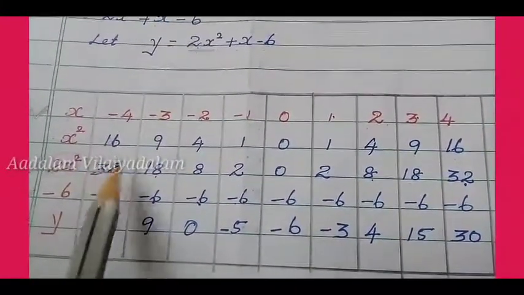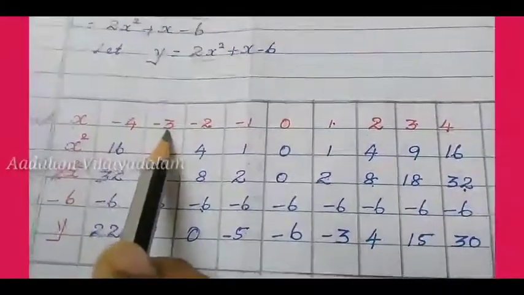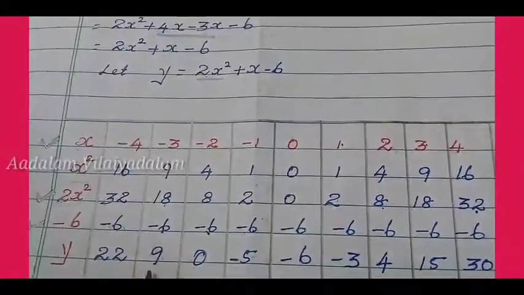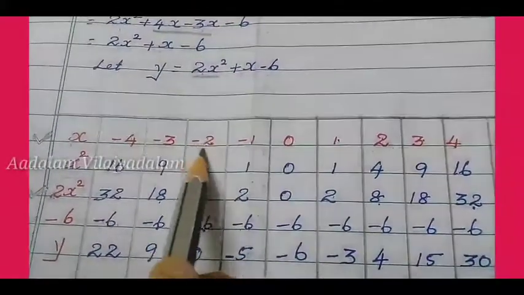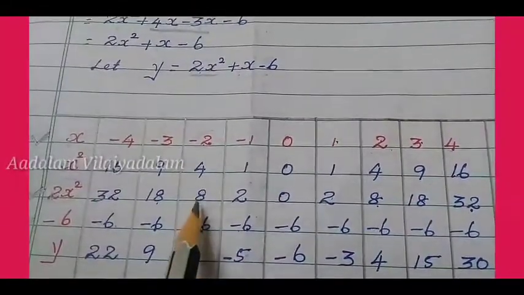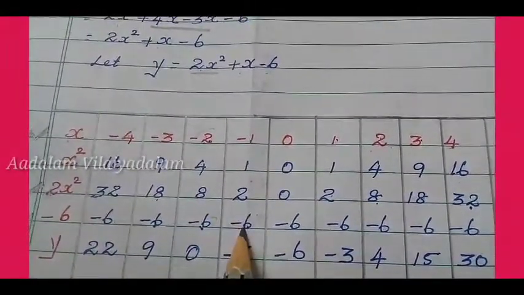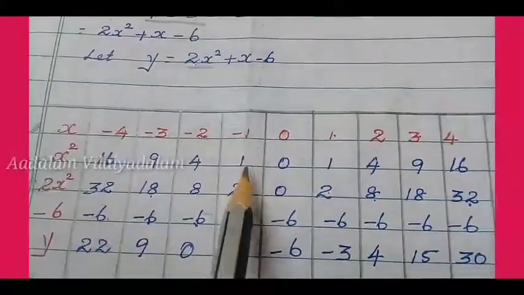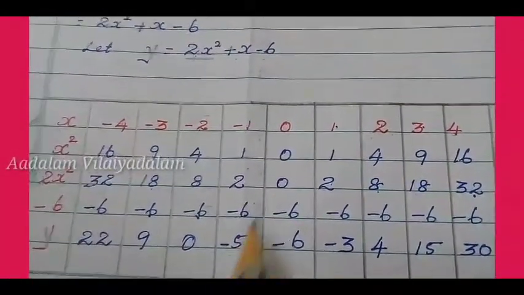So 32 minus 10, 22. Here also minus 6 minus 3, minus 9, 18 minus 9, 9. So 8, here minus 6 minus 2, minus 8. So minus 8 plus 8, 0. Here minus 6 minus 1, minus 7. So minus 7 plus 2, the answer is minus 5.